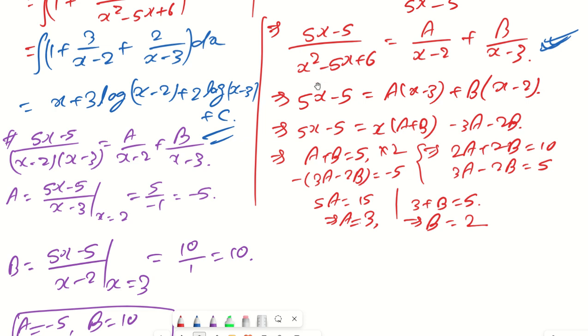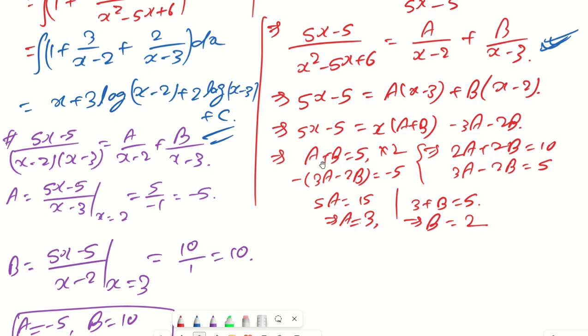So let me quickly check here and see what the problem was, because we had got 3 and 2. Our aim should be to get minus 5 and 10. Here we have 5x minus 5 equal to a times (x minus 3) plus b times (x minus 2). This is very good, and the denominator got cancelled. Now we have 5x minus 5 equal to x times (a plus b), minus 3a minus 2b.